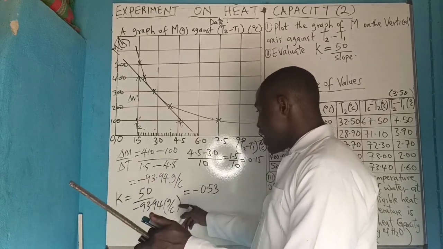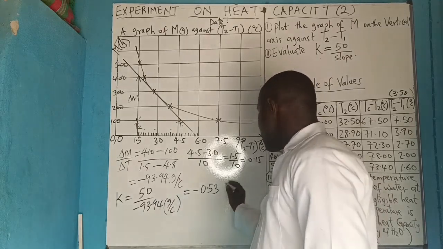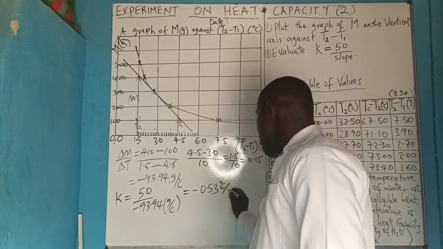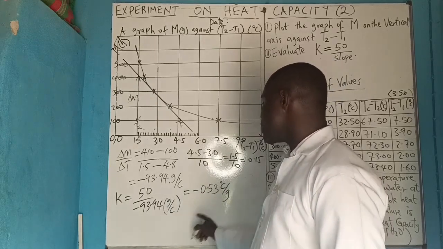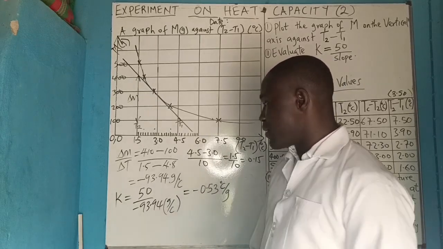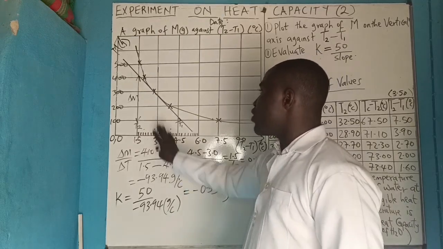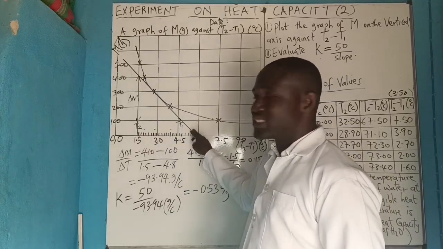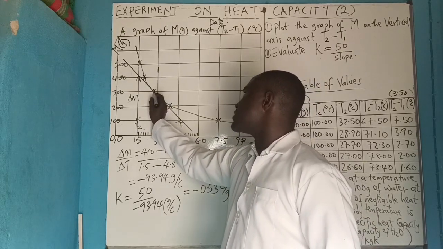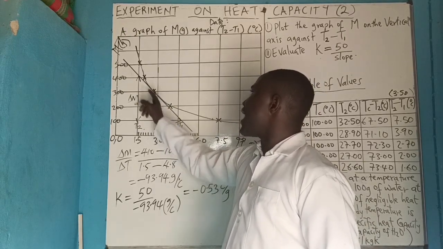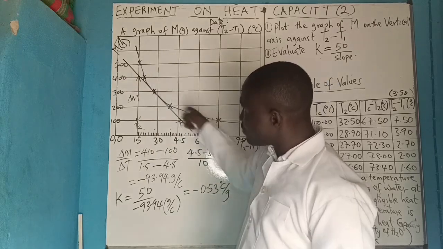And the unit now will be degrees Celsius per gram, because it is the inverse of this. Whatever you get from your slope, from the line you draw to pass through the apex of the curve.